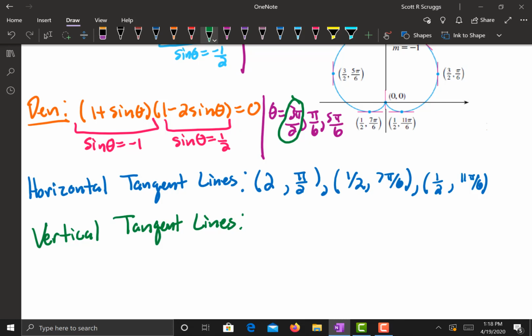I can go to pi over 6. If I plug that into my polar equation, I'll get a value of 3/2. Same thing with 5 pi over 6. Sine will be 1/2, so I'm also going to get a radial value of 3/2.